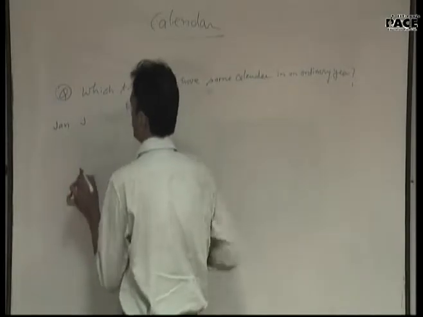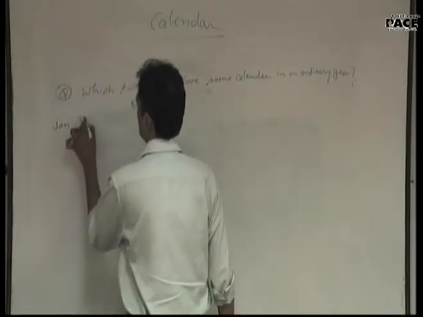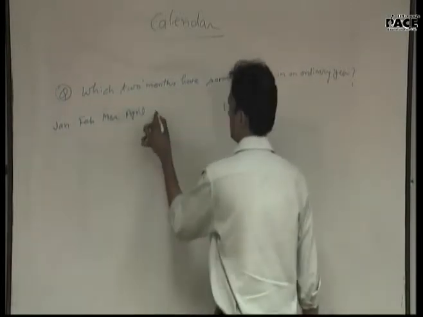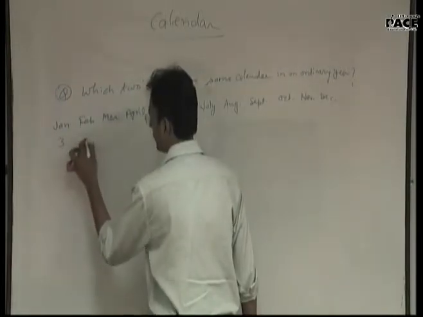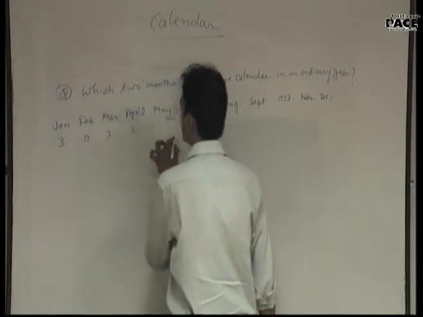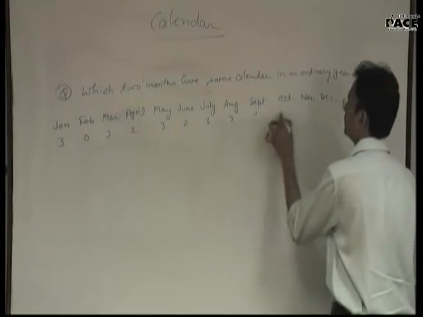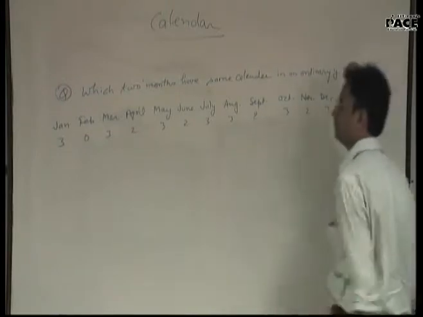Now, the odd days for the months are 3, 0, 3, 2, 3, 2, 3, 3, 2, 3, 2, 3.